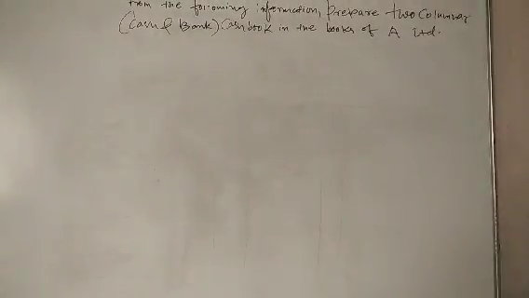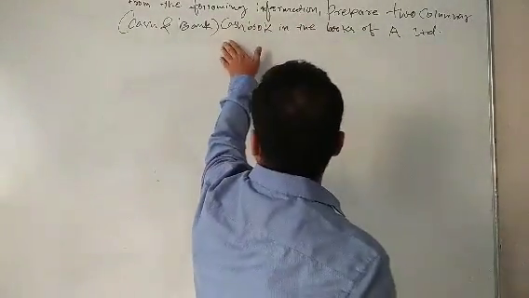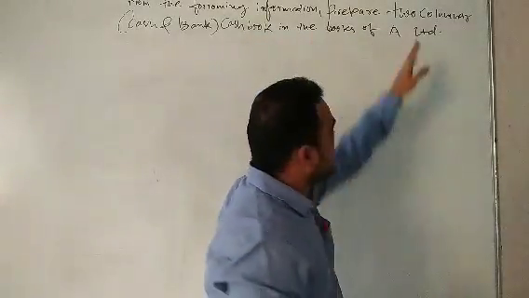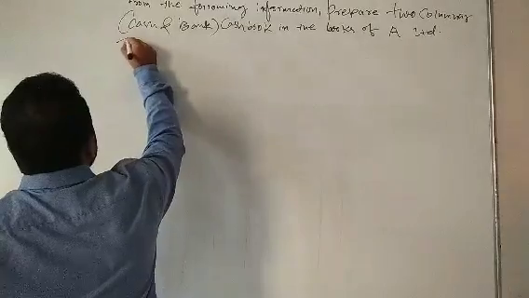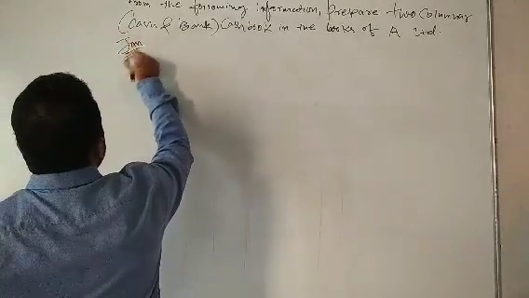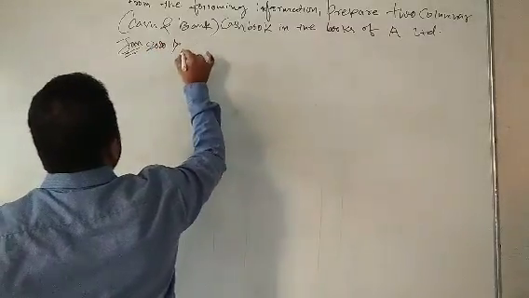Okay students, I hope you can read this right now. Extremely sorry for the interruption. Students, from the following information, prepare two column cash and bank column cash book in the books of A Limited. Now suppose the month is January, any month can be there, 2020 first day.